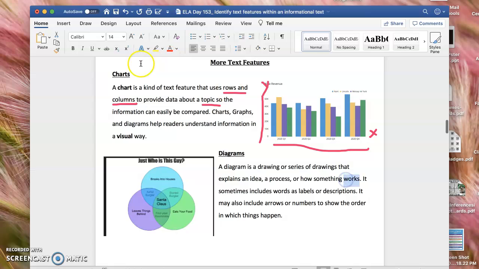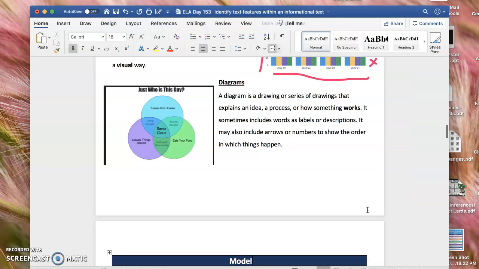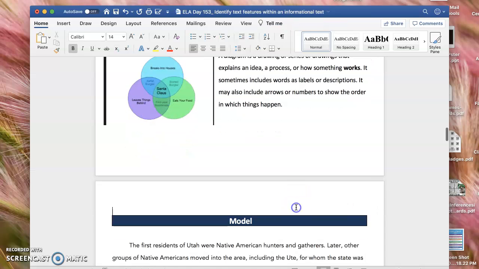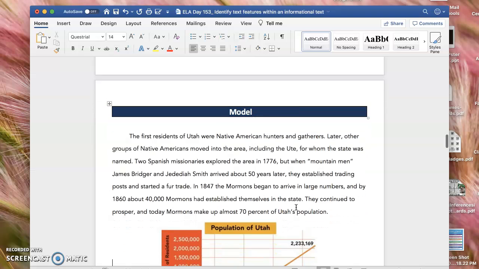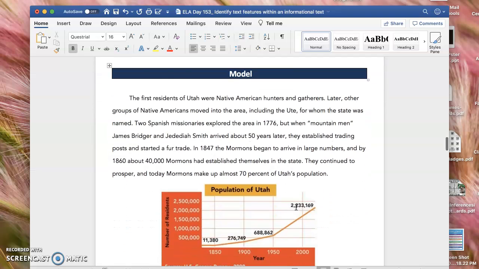And it sometimes includes words as labels or descriptions. It also may include arrows or numbers to show the order in which things happen. Okay? So, charts and diagrams. We're going to mostly focus on charts today. So, let's go ahead and move on to our model.